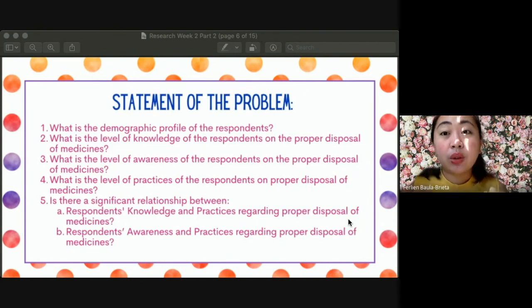Okay, so you can do that. What is important is that before you write this statement of the problem, you are already decisive on what you want to do or measure.